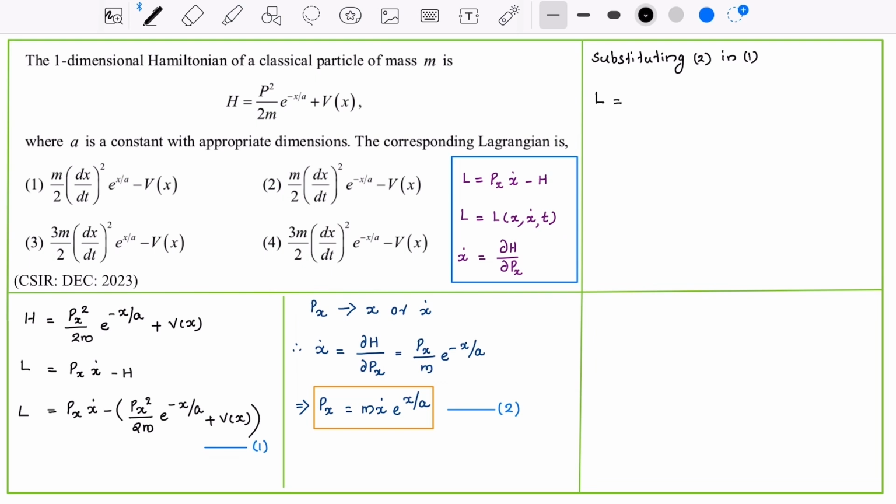Now the equation for the Lagrangian becomes: what is p_x? It is m x dot e raised to x by a. So L is equal to m x dot e raised to x by a times x dot, minus, within a square bracket, p_x squared by 2m e raised to minus x by a.